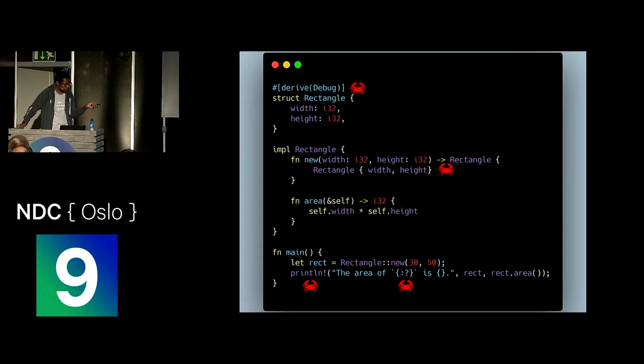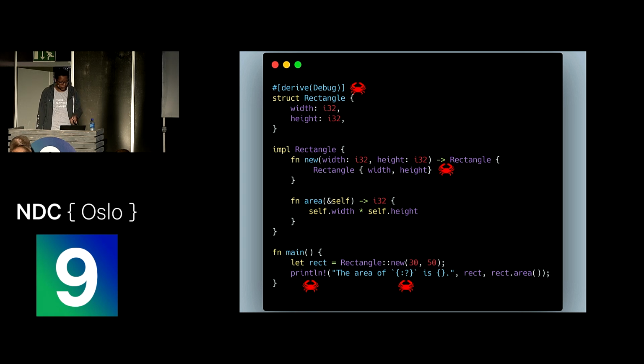Right now, this is a current-day snippet of Rust code. I have marked part of the code with these cute crabs to highlight some of the features.